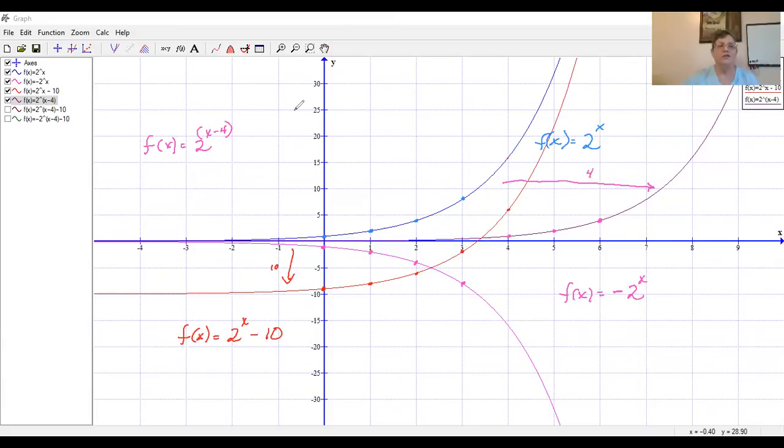What does a combination of some of these things do? How about the graph of f of x equals 2 raised to the x minus 4, minus 10? What if we combine this graph with this graph? So we take this graph, 2 to the x minus 4, and subtract 10.